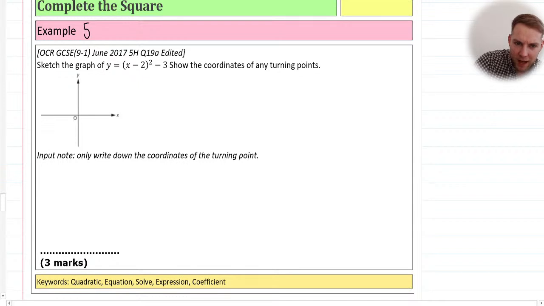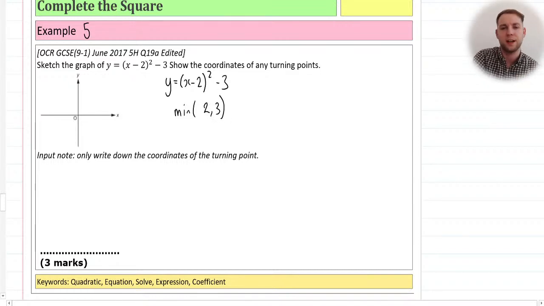So straight away, because they've already written it in this format, y is equal to x minus 2 all squared minus 3. Because they've written it in that format, straight away we know that inside the bracket is the x coordinate and the opposite symbol. So my minimum here is going to be equal to positive 2, and outside the bracket is the y coordinate, so 2, -3.